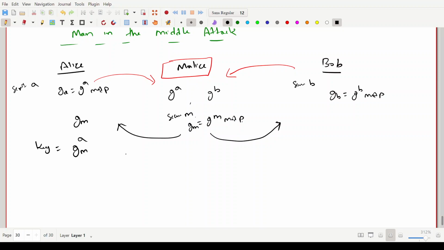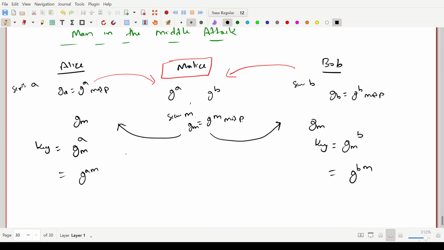And Bob will be receiving this g^m, which he assumes he is getting from Alice, but Malice is in between and is giving this value g^m. So the key will be g^m raised to b. But what do you observe? This g^m is g raised to m. So it will be g raised to am. This is the key, and here it is g raised to bm. This is the key. So no, Alice and Bob don't have the same key, but Malice will have the same keys.